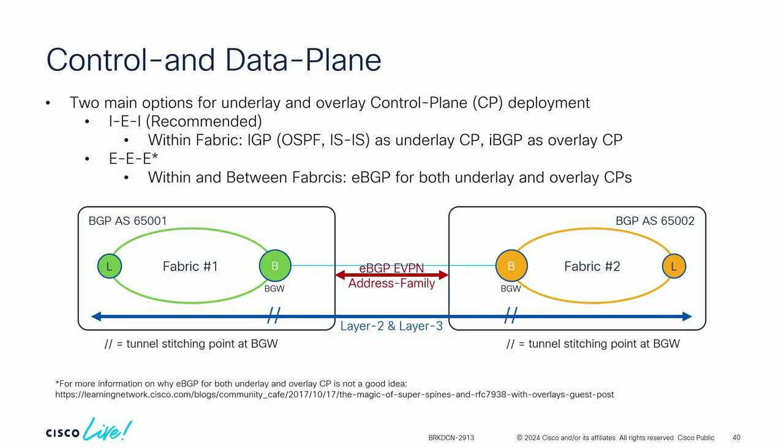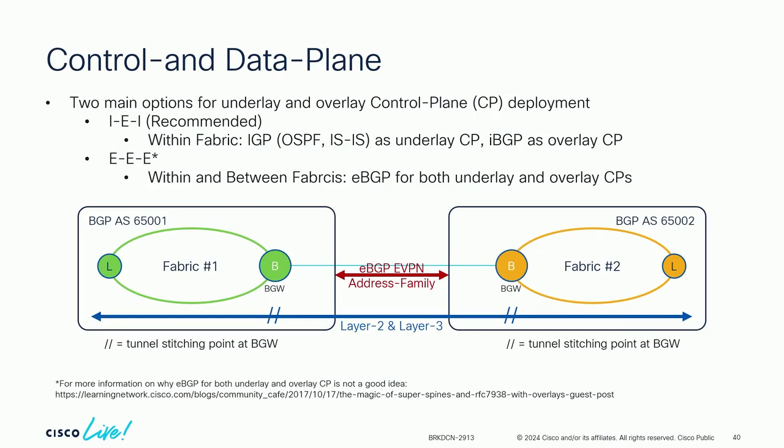I don't redistribute between my intra-data center fabric and my inter-data center fabric. Sounds somehow like inter-AS option B documentation. I don't know who wrote that. He must be a smart guy. It wasn't me. So we do IBGP, IGP, IBGP within. We do eBGP for underlay and overlay in between, and we do again IGP, IBGP on the right.